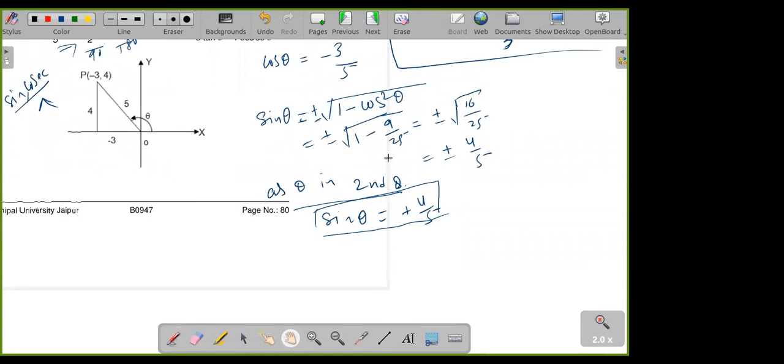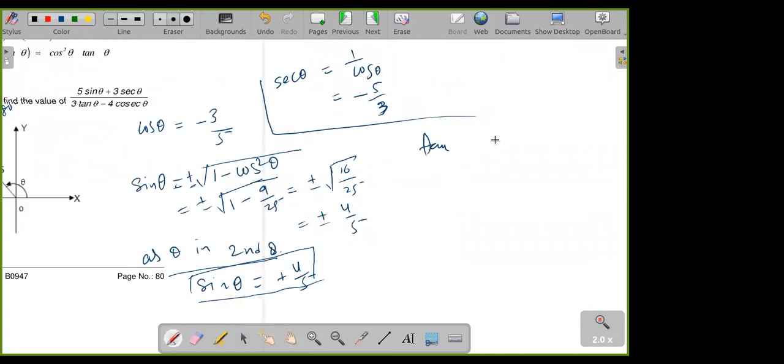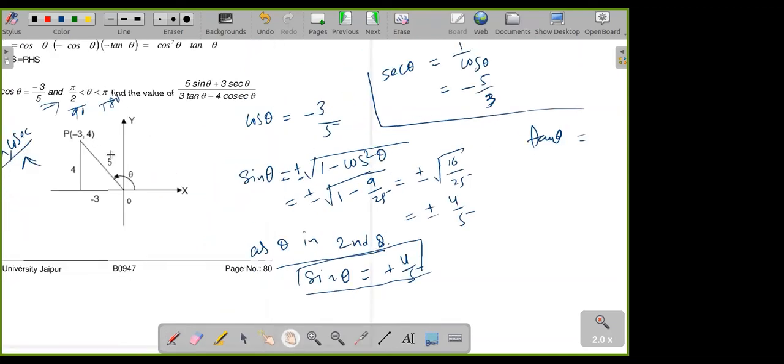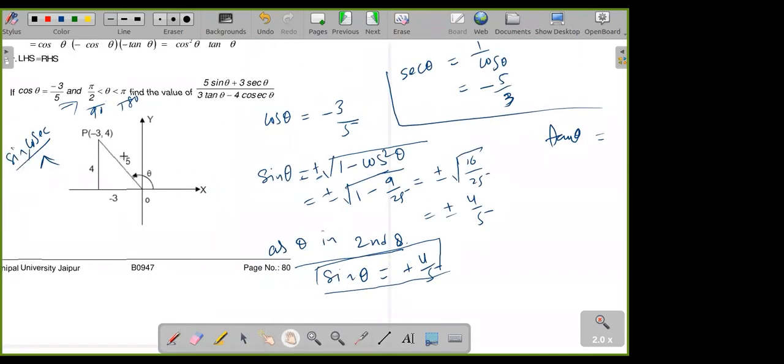By the way, a student wants to ask why 5 is positive and not negative. Like, the hypotenuse 5 is also projecting in the negative direction, so why is it positive? Oh, that one. Yeah.